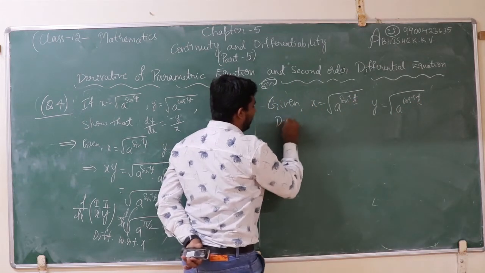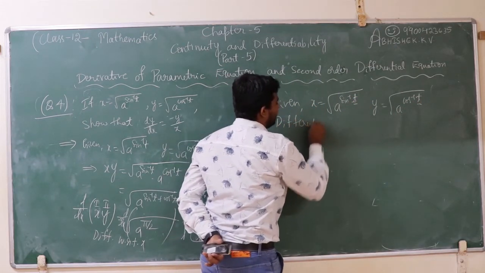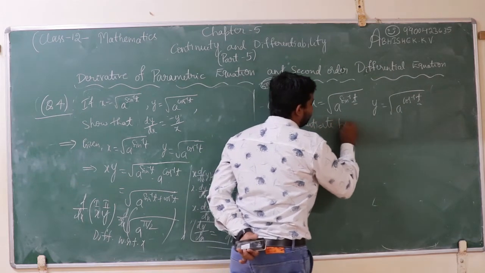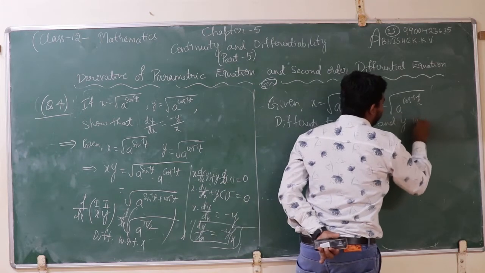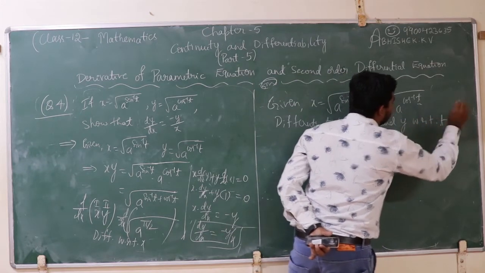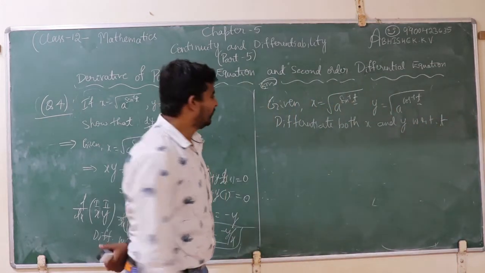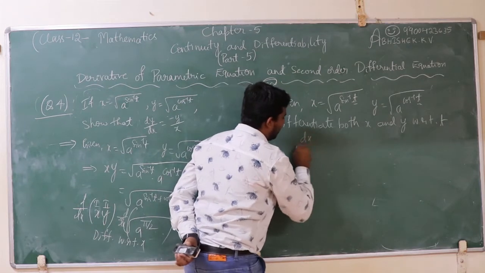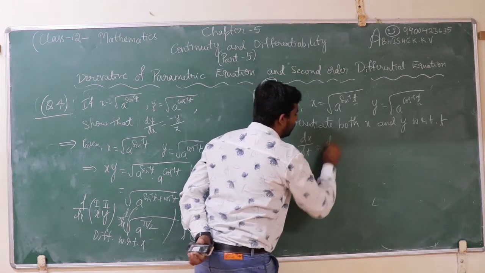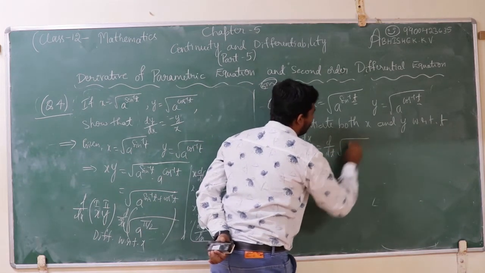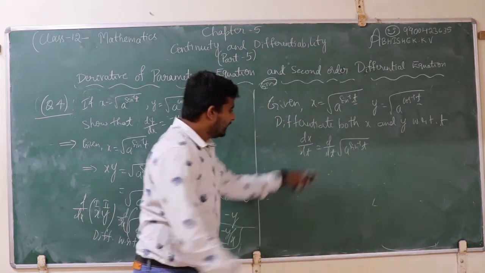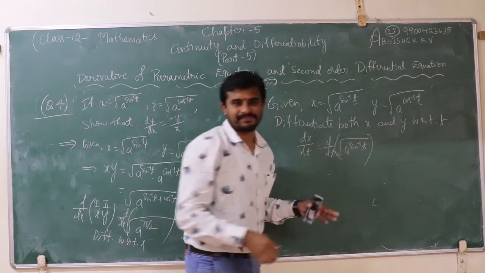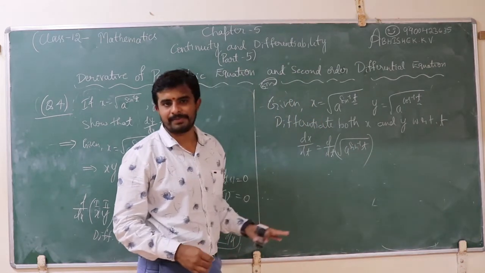So, differentiate both x and y with respect to t. Then dx by dt is equal to d by dt of square root of a to the power of sin inverse t. See, this is of the form root x, that is x to the power of 1 by 2.